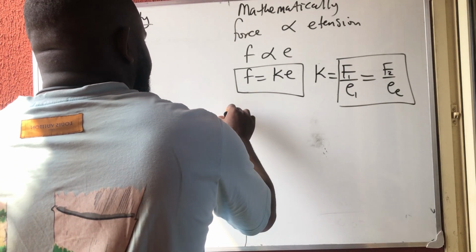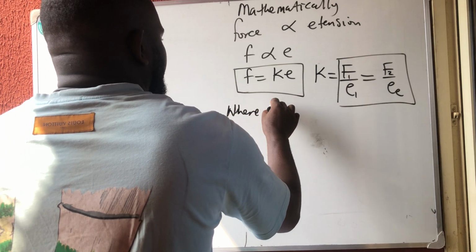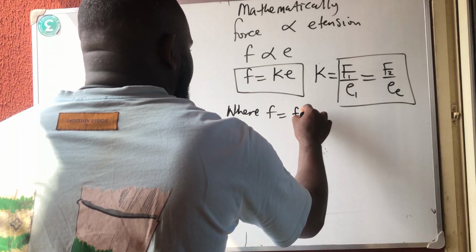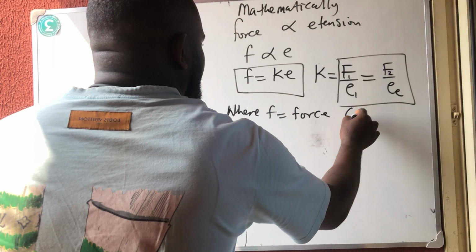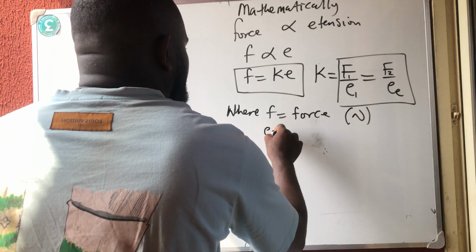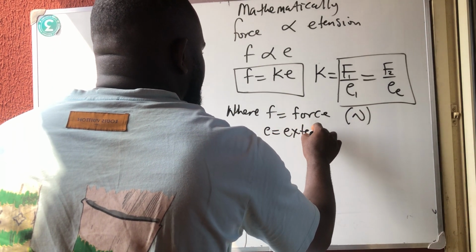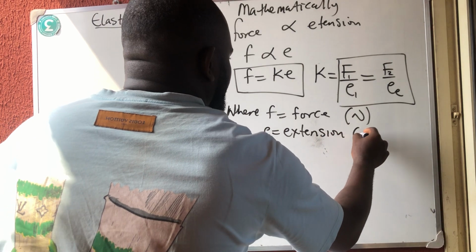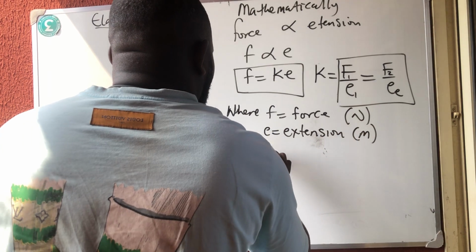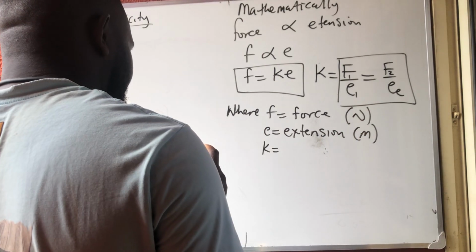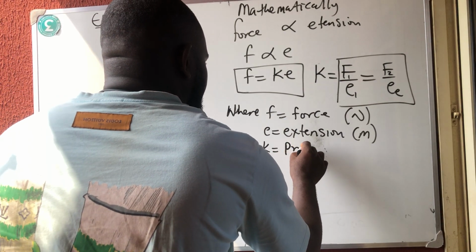Now, where F is the applied force measured in Newton, E is the extension produced measured in meters, and K is the proportionality constant.